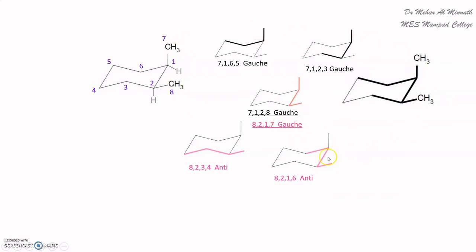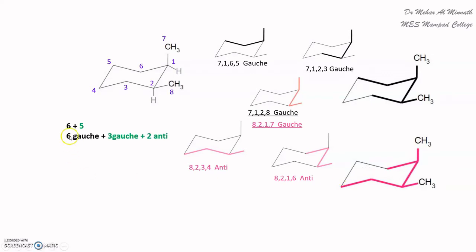So altogether in this conformer, how many gauche do we have? 1, 2, 3 gauche units and 2 anti-units. So altogether, along with the 6 gauche units of the cyclohexane, we'll have 3 gauche butane units and 2 anti-butane units from the substituents. So this conformer will have energy almost 3 gauche units more than the unsubstituted cyclohexane.